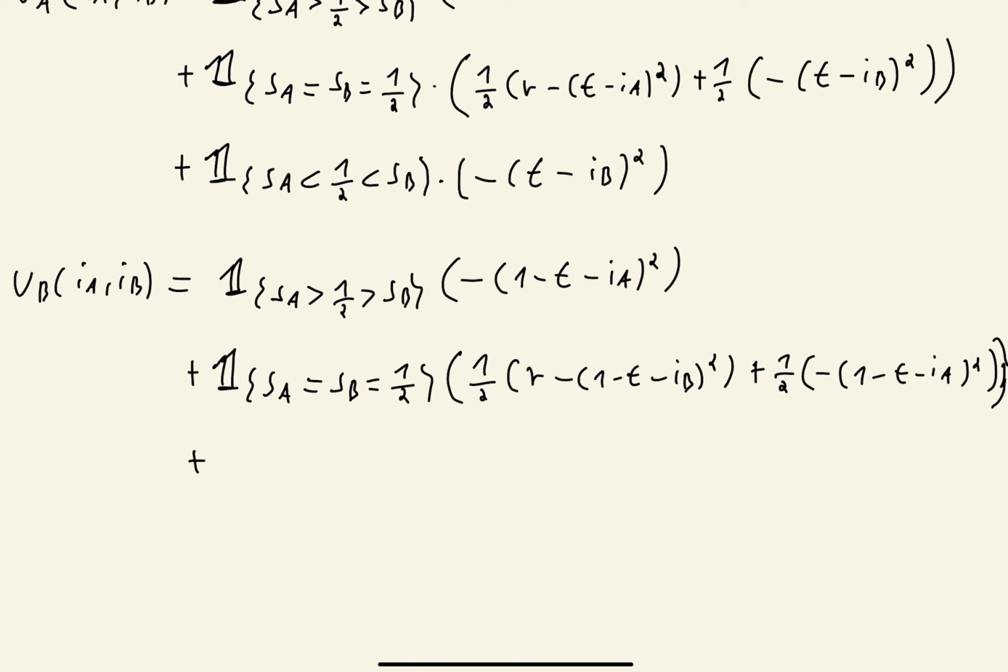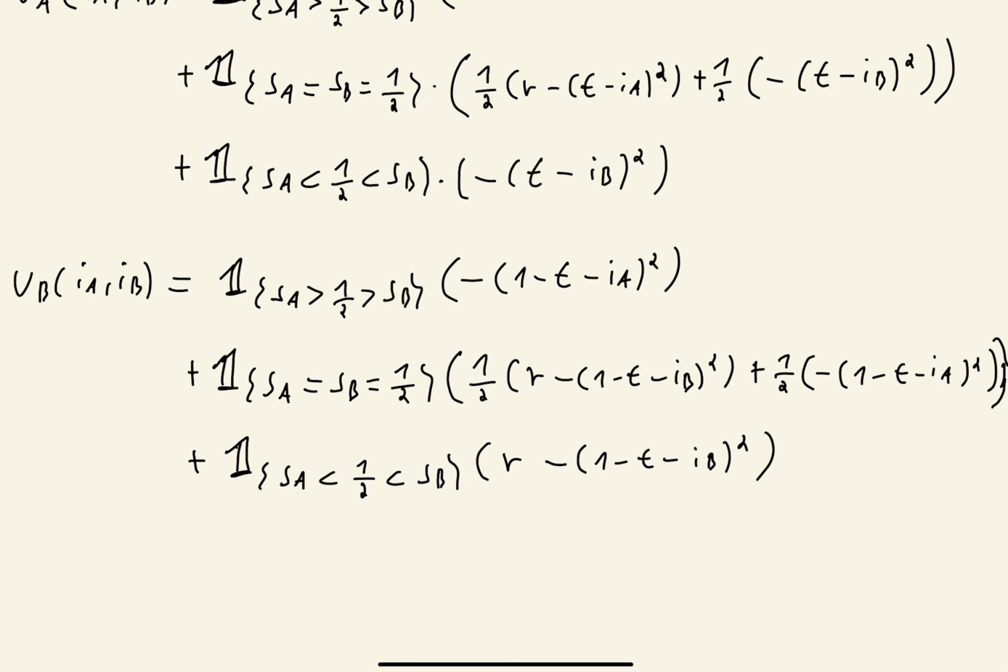Finally, we have the case where B wins. So SA being strictly smaller than 1/2, and the vote share of B being strictly larger than 1/2. Then his utility is given by the utility of being in office minus the distance of his true ideology to his chosen ideology IB.